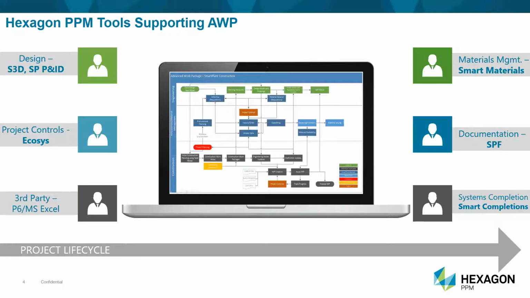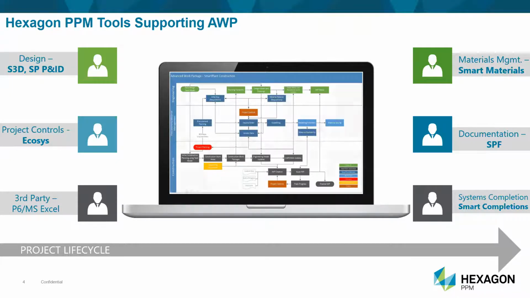And for systems completion, we have a new application that we acquired at the beginning of 2018. It was formerly Continuum Edge, which we are now calling Smart Completions. We're excited to have them on board and to start integrating them across our solutions as well.